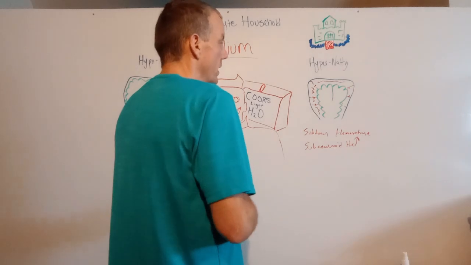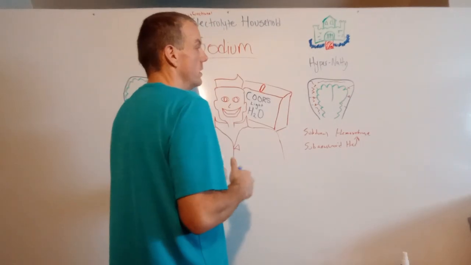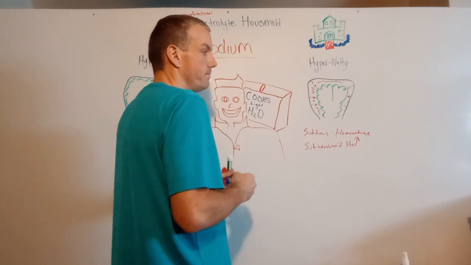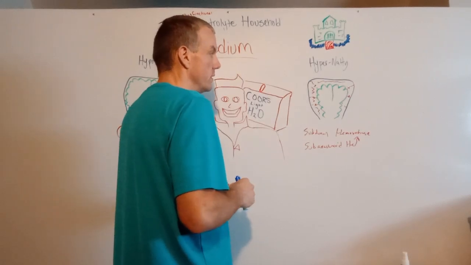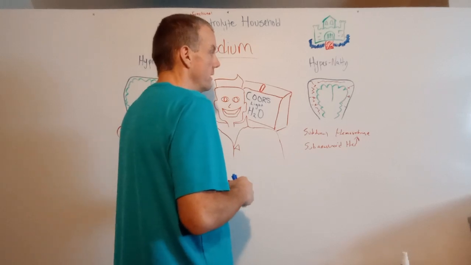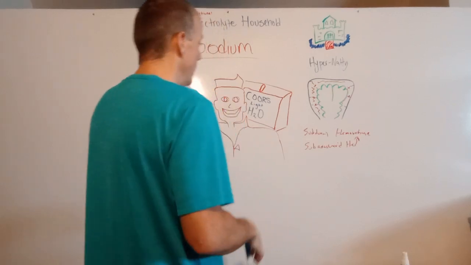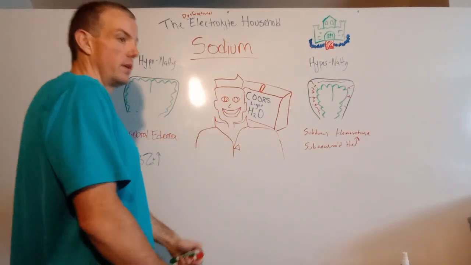So you start giving hypoosmolar fluids like a dextrose solution, D5W, or half normal saline, or something to that effect, something that doesn't really have any saline to it, and all it's going to do is provide some fluids for the party.